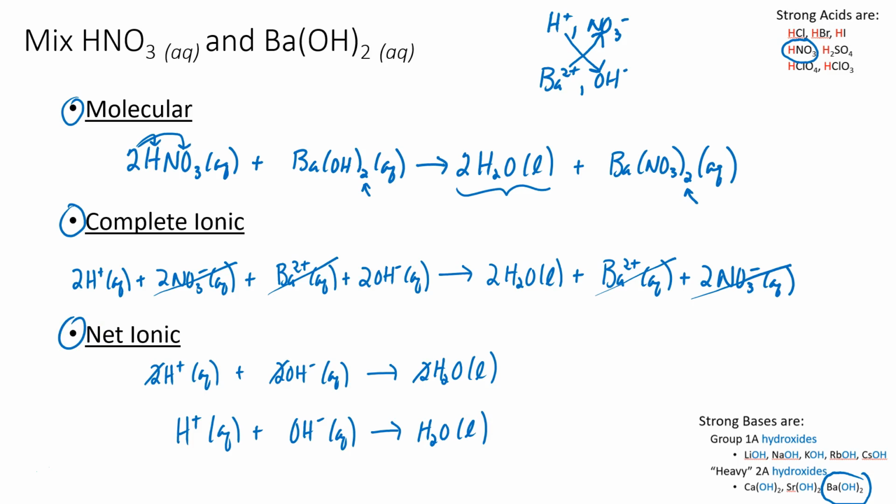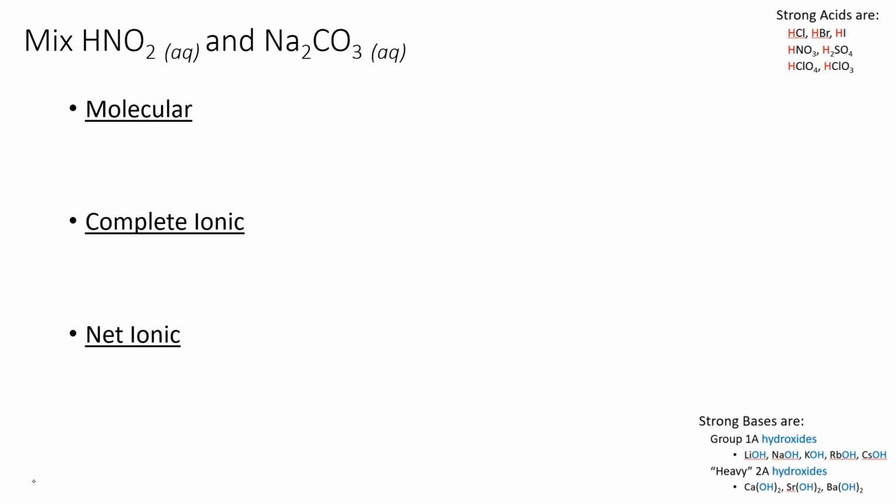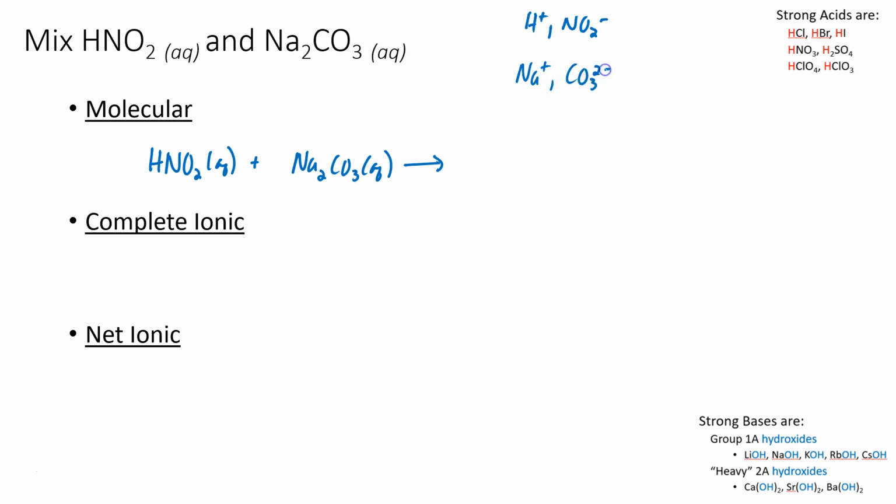Let's try one more. Another acid-base reaction. So our reactants are HNO2 and sodium carbonate. And now to predict the products, I'm using my scrap paper. This compound consists of H plus and NO2 minus. Sodium carbonate consists of sodium ions and carbonate anions.